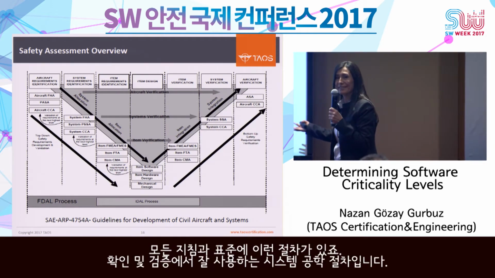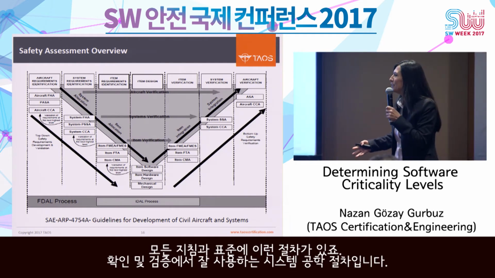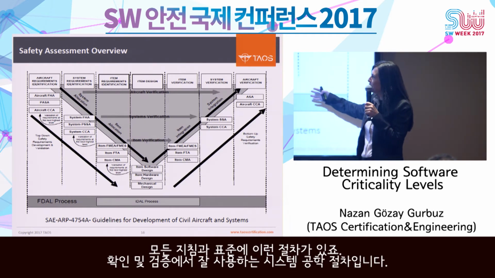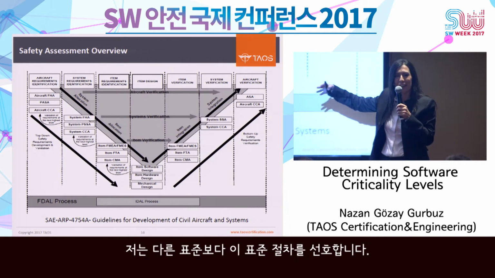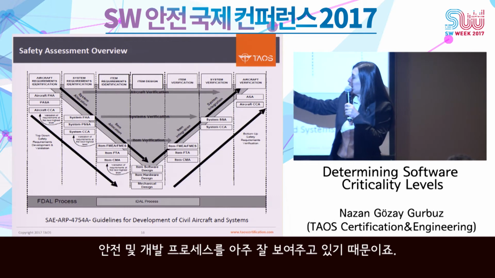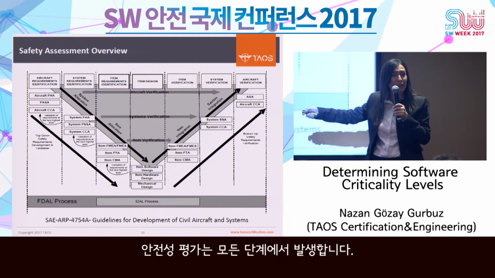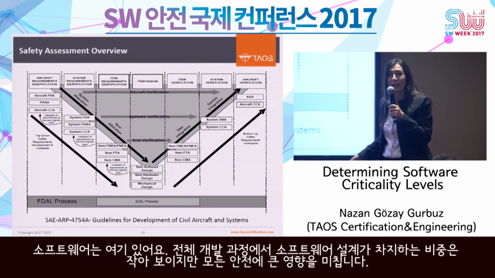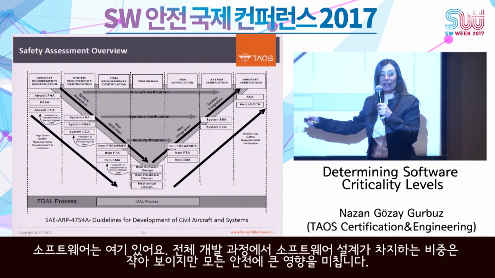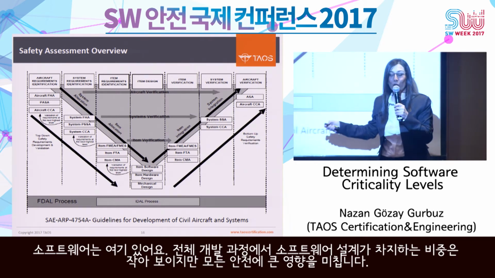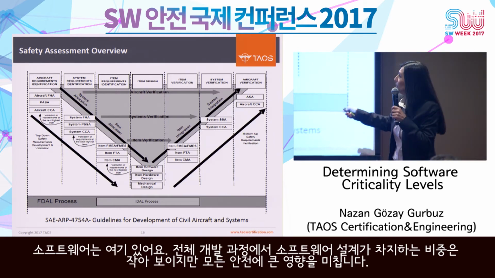You know that every guideline and standard has a V-chart, validation and verification, a popular system engineering chart. But I like this chart much better than the other standards. Why? Because it defines the safety and development process very well, with safety assessment in every stage. Don't bother, but software is here. Software design looks like a small part of the whole development cycle, but it has a big effect on all of the safety.